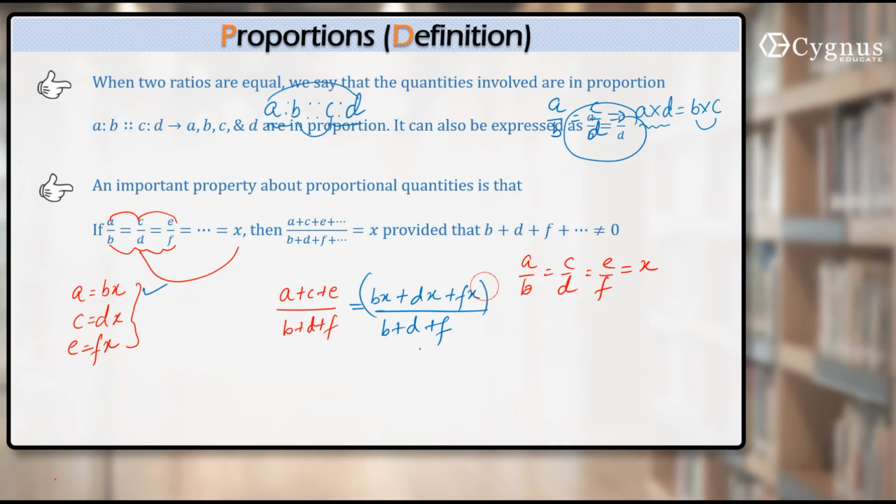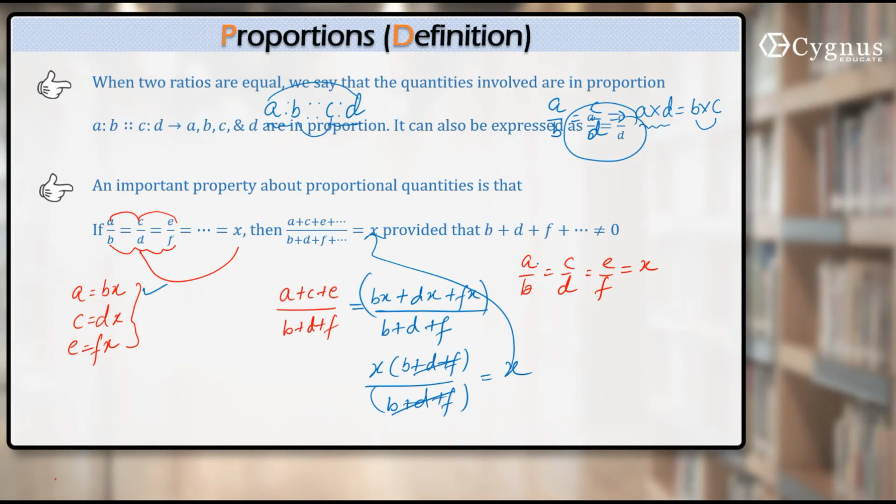What is common in the numerator? X is common. So we are left with B plus D plus F by B plus D plus F. I can easily cancel out these two terms and I'll be left with X, which was equal to the given ratios.